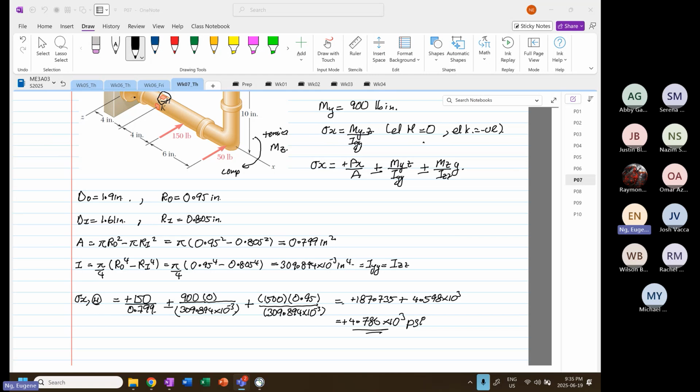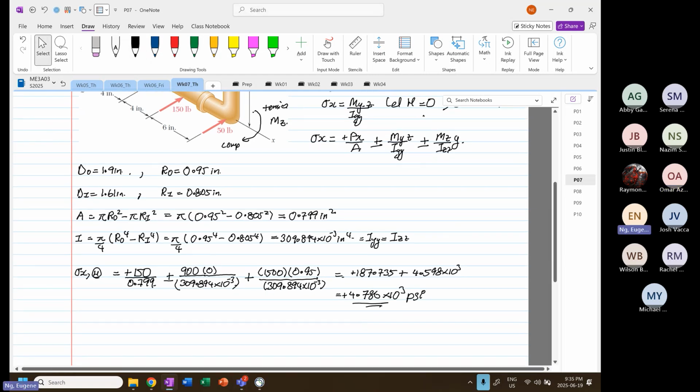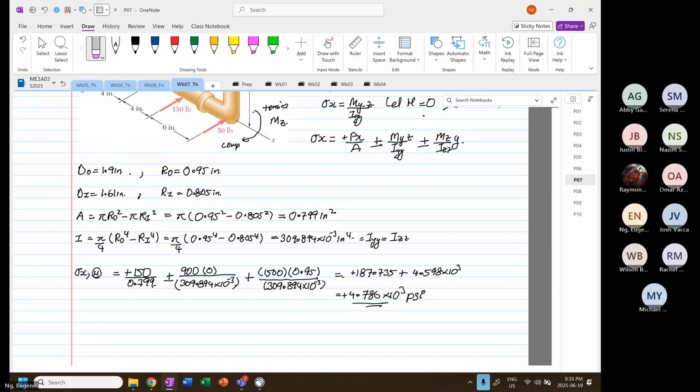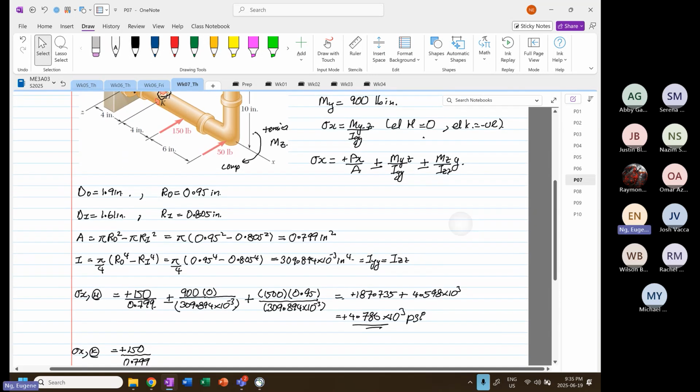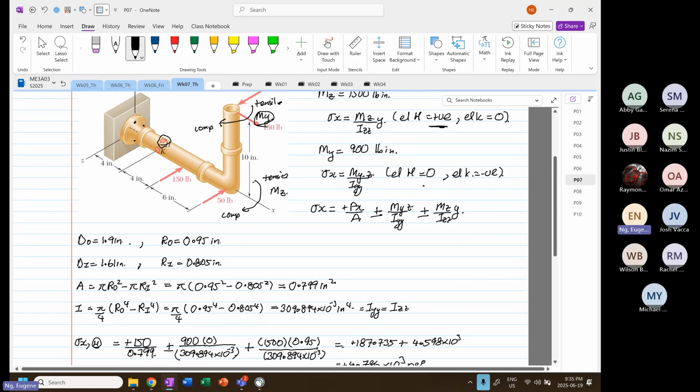Now if we were to do it for element K, we know that the axial load is the same, right? So now we are looking at element K due to my. Element K is on this side, so it's in compression.